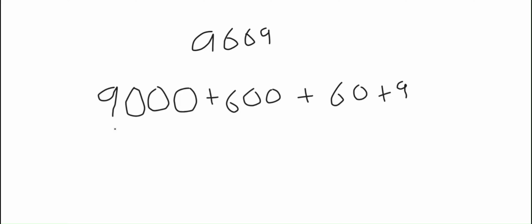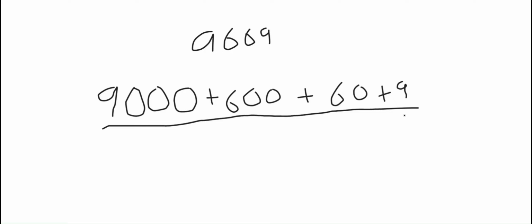Now if we look into this pattern, going from right to left, each digit starting from the rightmost digit to the leftmost digit is associated with a power of ten.